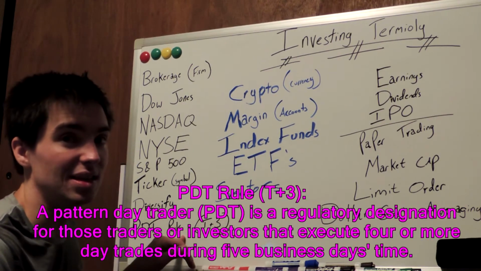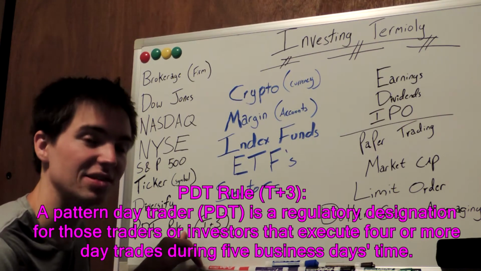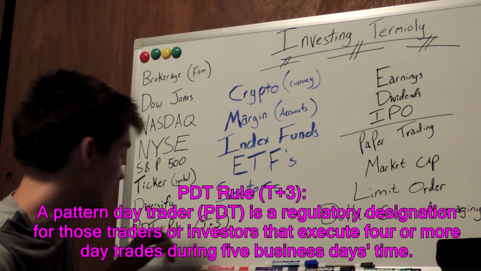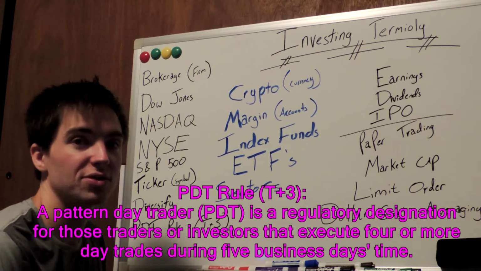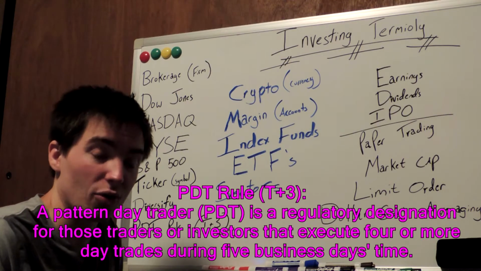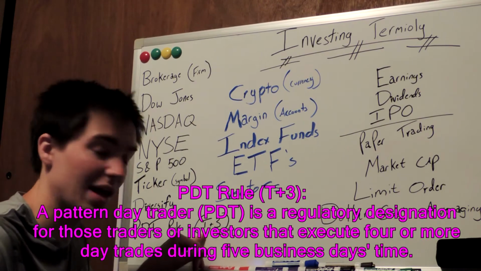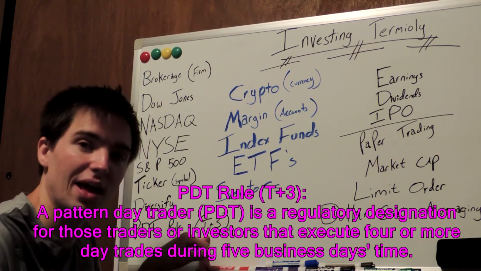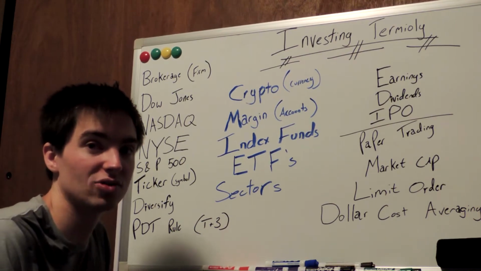The PDT trade rule. This is a hard one. This is the pattern day trading rule. So small accounts under $25,000, yes, Robinhood has a little bit more leniency than everything else, but you can only buy and sell that trade, and then you have to wait that day plus 3 others to make your next trade.